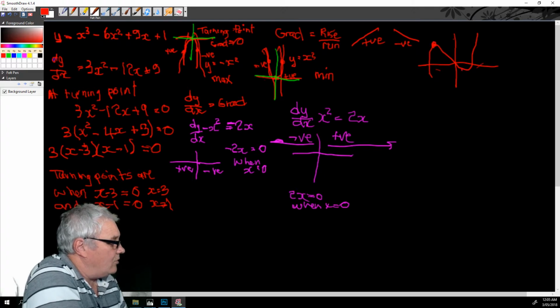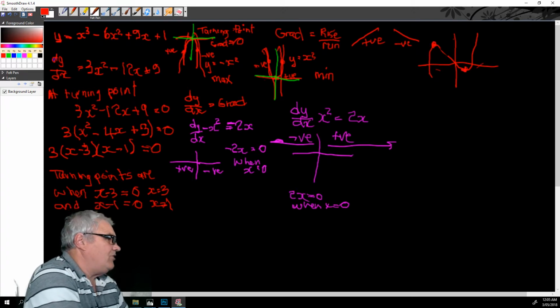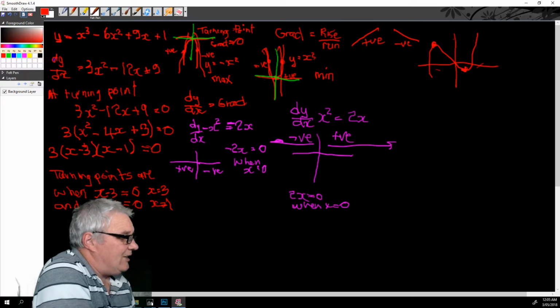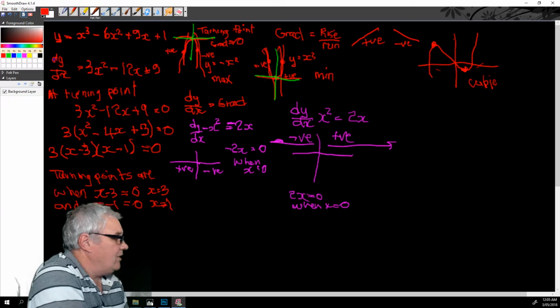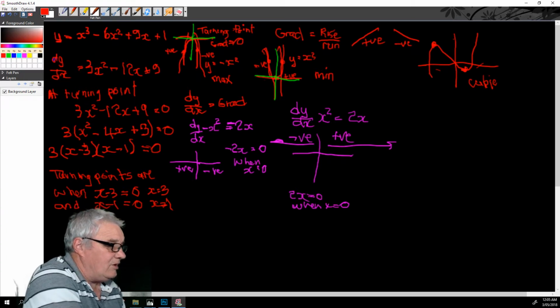It's not the one in this case, but that's a cubic graph. They go along something of that nature. So we know we're going to get something like that.